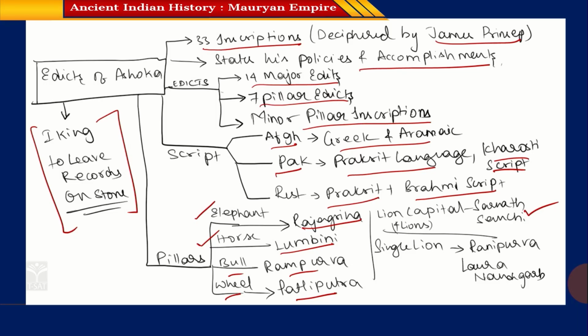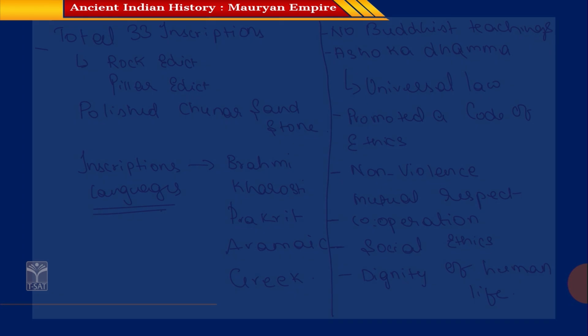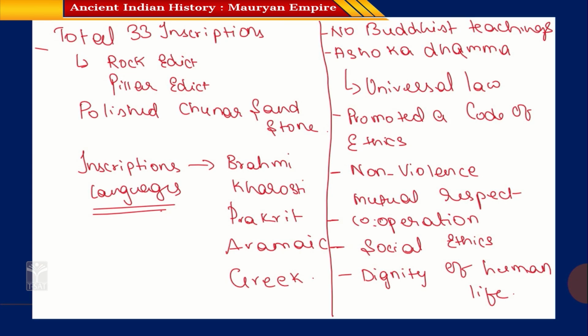Most popular is the Sarnath lion capital, the 4-lion capital, which today is the emblem of India. There is another inscription in Rampurva, the single line inscription near Lauriya Nandangarh region of Bihar, also very popular. In total, there are 33 inscriptions.